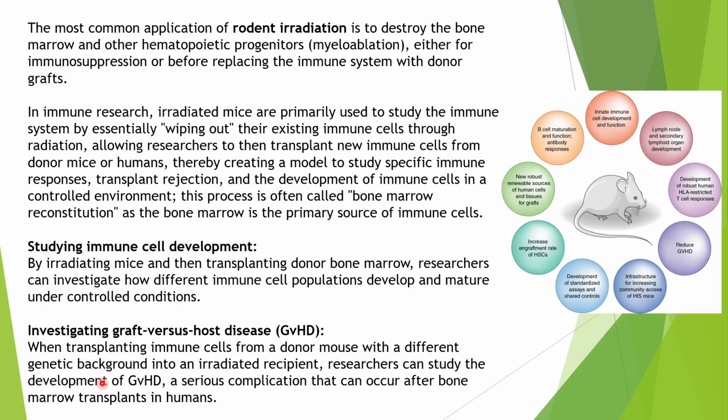So, when transplanting immune cells from a donor mouse with a different genetic background into an irradiated recipient, researchers can study the development of GVHD, that is graft versus host disease, a serious complication that can occur after bone marrow transplants in humans.